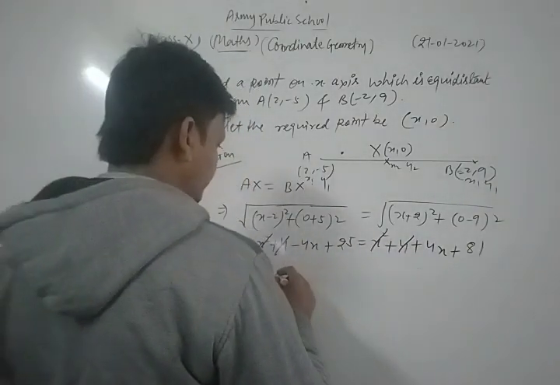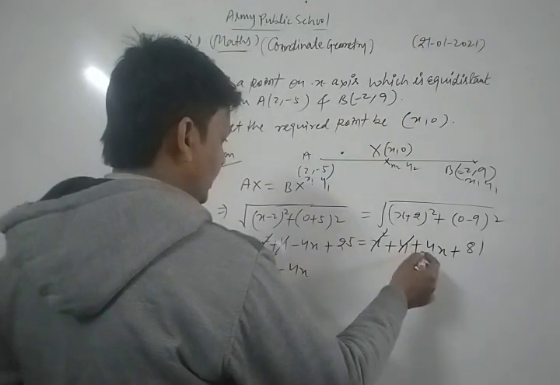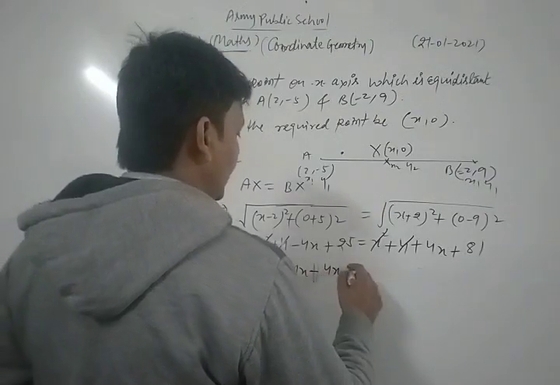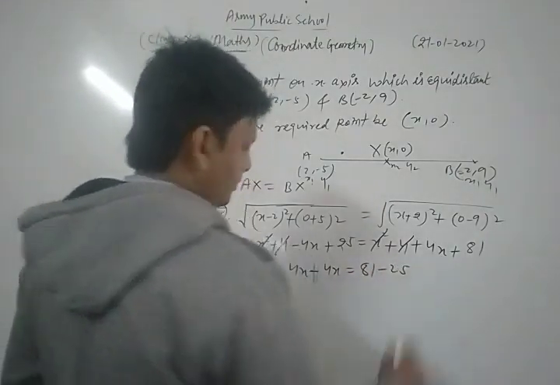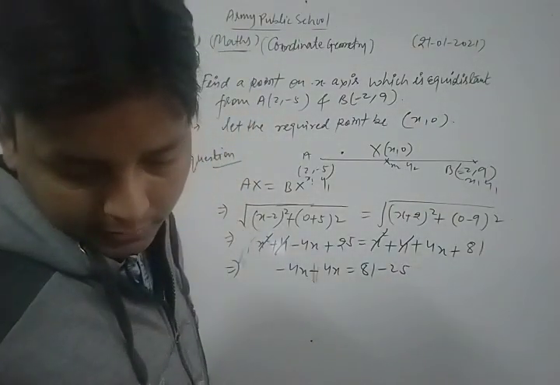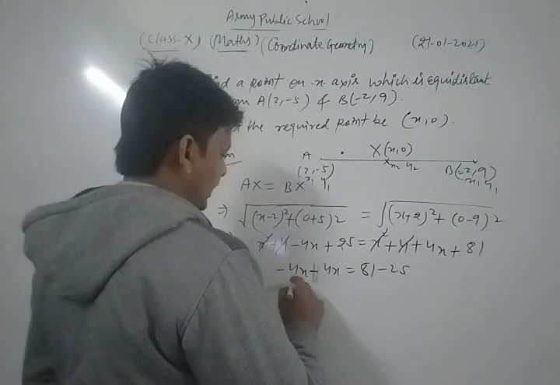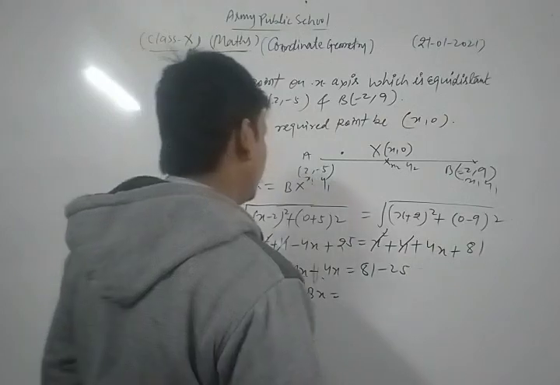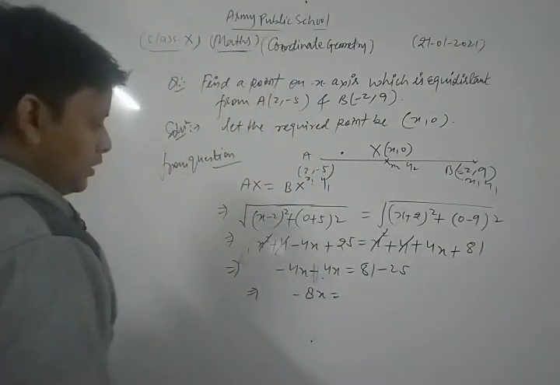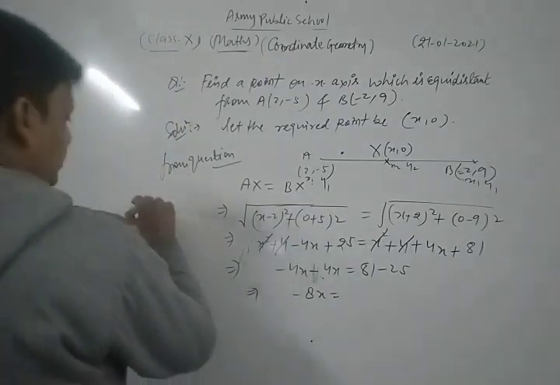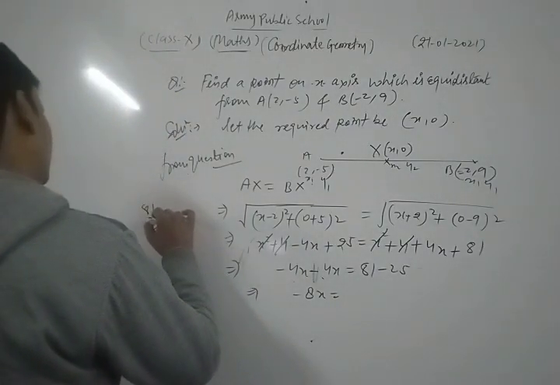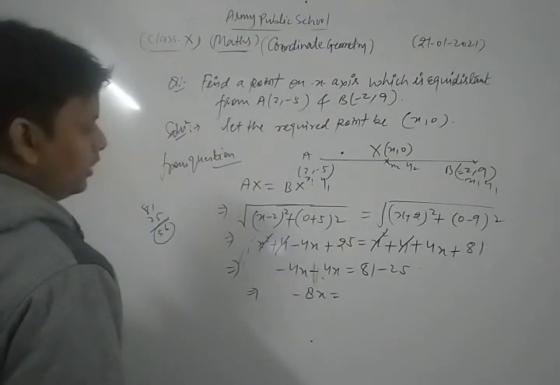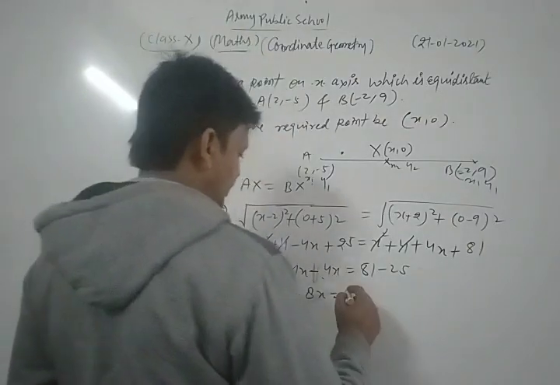So we get minus 4x, and transferring the 4x to that side, minus 8x is equal to 81 minus 25, which is 56.